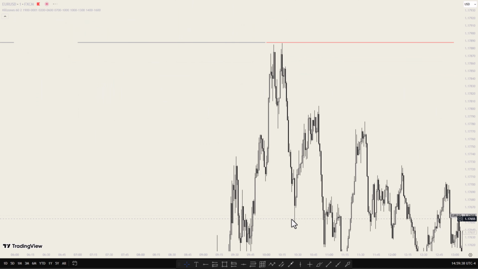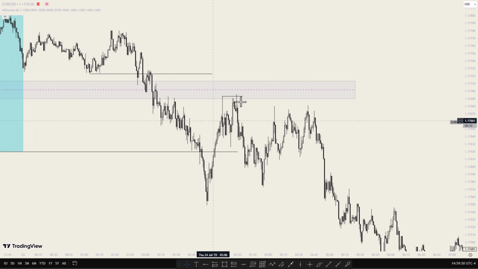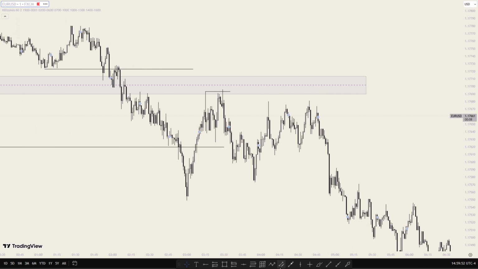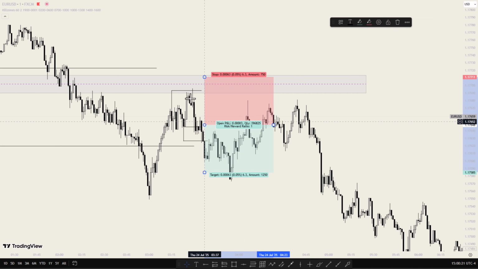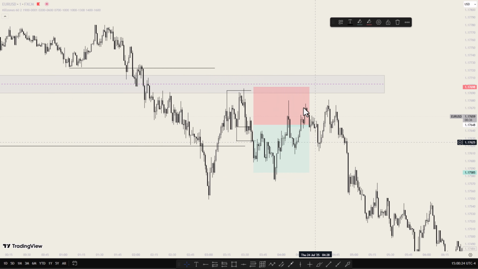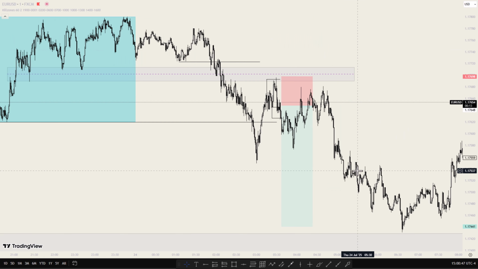On the 1 minute time frame, you see we have this sweep of liquidity, that is a total sweep, and we had this break of structure here. As soon as I see this, I know that price is going to be bearish. I had my sell trade here and my stop loss is above this high, and then I targeted this fair value gap.